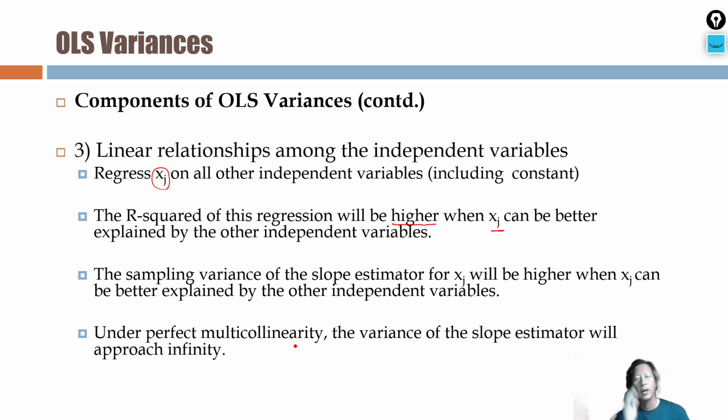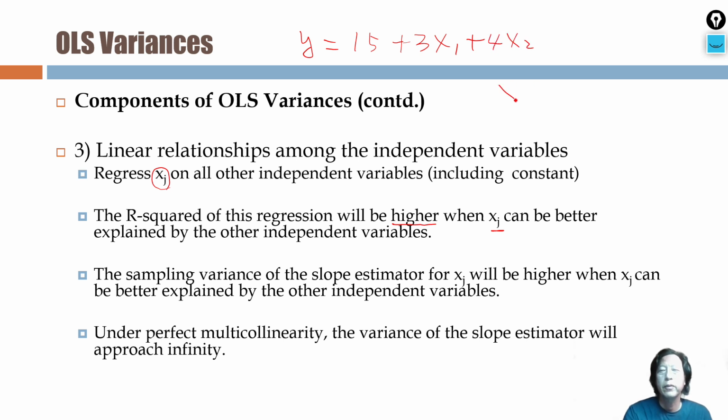Do you remember the highly correlated example I used? Like y equals 15 plus 3x1 plus 4x2, but if x2 is just 3x1, then you can replace it and you can change the values.